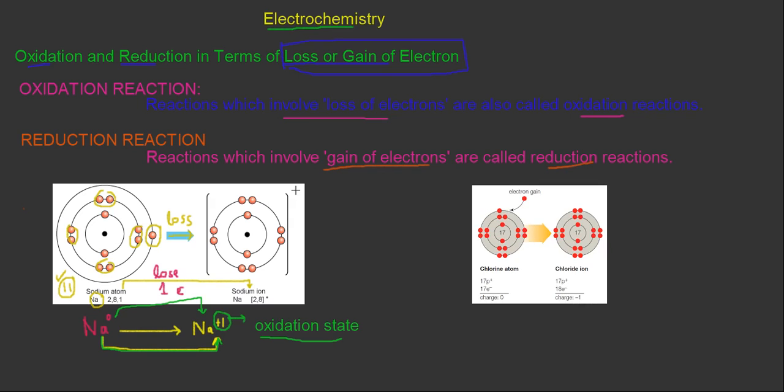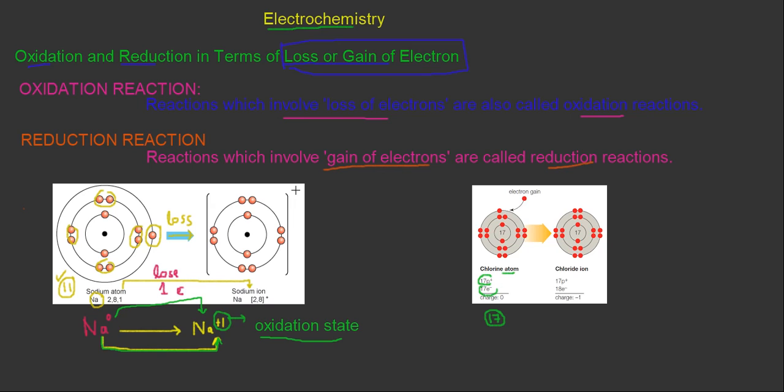Now here we have another example, the chlorine atom. Chlorine has atomic number 17. It means that the chlorine atom has 17 protons and also 17 electrons.